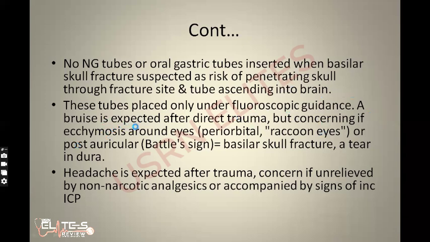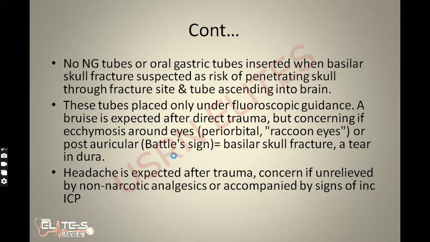Then we are saying a bruise is suspected after a direct trauma, but we have two main signs. Should I say two commonest signs? I think most of us have heard of Battle sign before. When you have bruising behind the ears, we call it what? Battle sign.